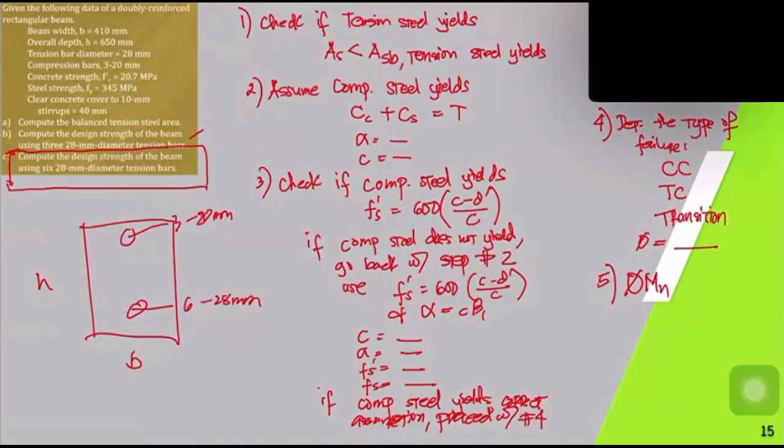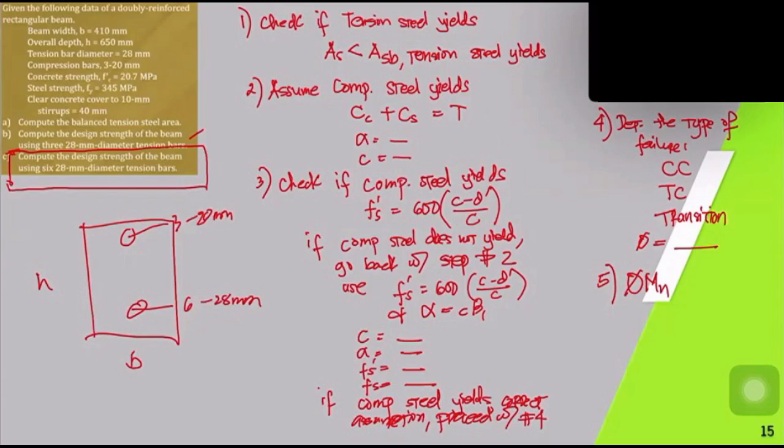So this is review again. So first, check if tension still yields by comparing the area of the tension steel with the balanced steel ratio. And if AS is less than ASB, tension still yields. Then assume compression still yields, using the equation compression due to concrete plus compression due to steel equals the tension.